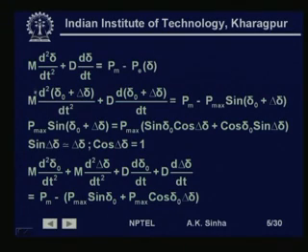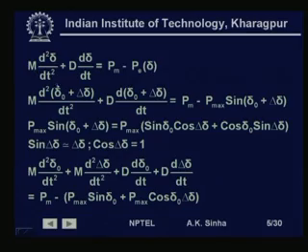So, let us see how we linearize this swing equation for the synchronous machine. So, now again writing the same expression, M d2 delta by dt2 plus D d delta by dt is equal to Pm minus Pe, which is a function of delta. Now, we say that delta is being perturbed by a small amount from delta 0. So, we can write this delta as delta 0 plus delta delta.